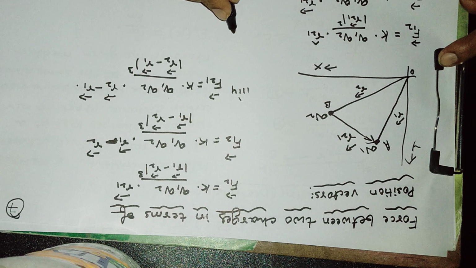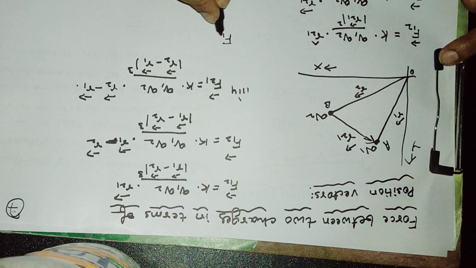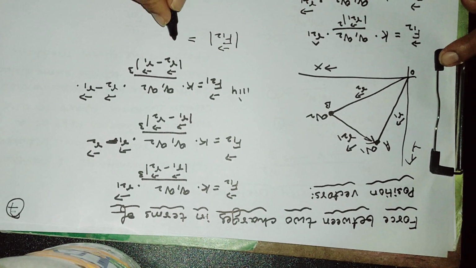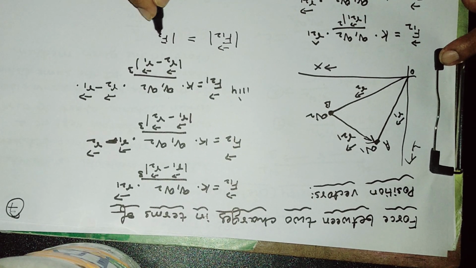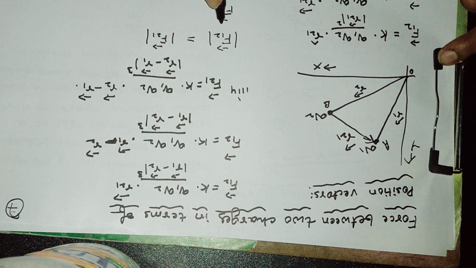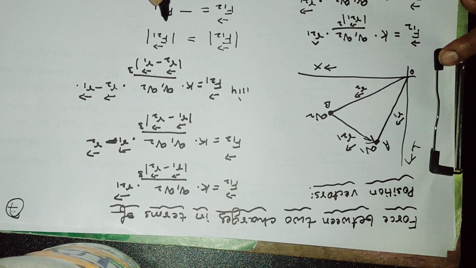Mind that the magnitude of the force acting on the first charge is equal to the magnitude of the force acting on the second charge, but they are opposite in direction. F12 is minus of F21.